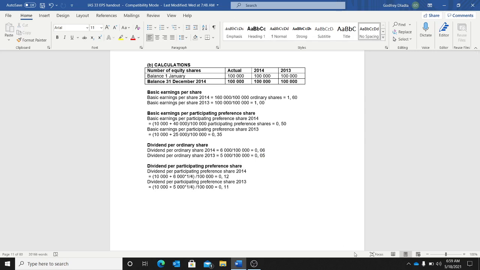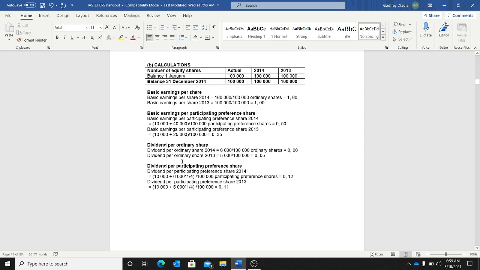So again, be careful because these ones are ordinary shares, these ones are participating. I just want that to be clear so that people can see that this 100,000 that we are dividing with here is this one now. This one is this one, okay?